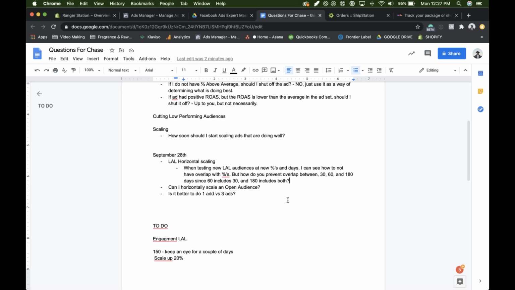Will those 3 audiences overlap? Yeah, there'll be some overlap. But if you're going to have them in a CBO, then there won't be as much of an overlap, because the budget will be shifted automatically for you.